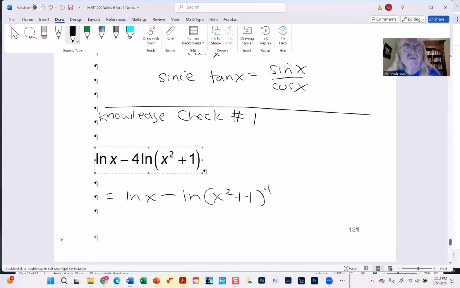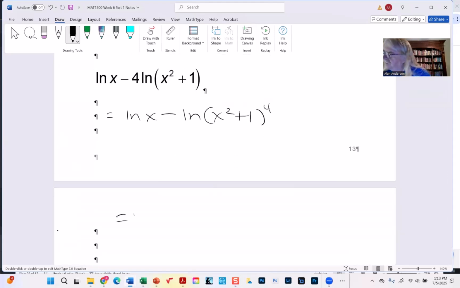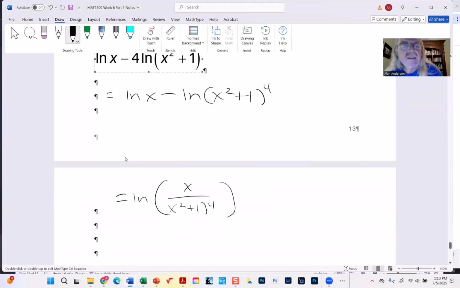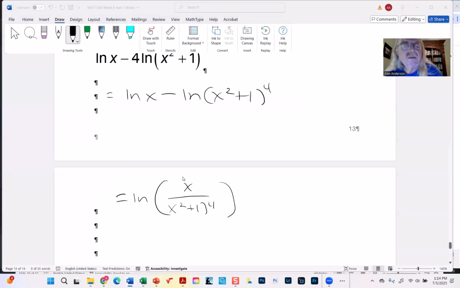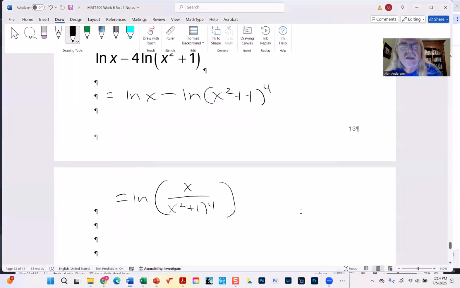And now since this is a difference of logs, we can rewrite this as, and that's realistically as simple as we're going to get it. So let's see what they, no, there it is. It's D.